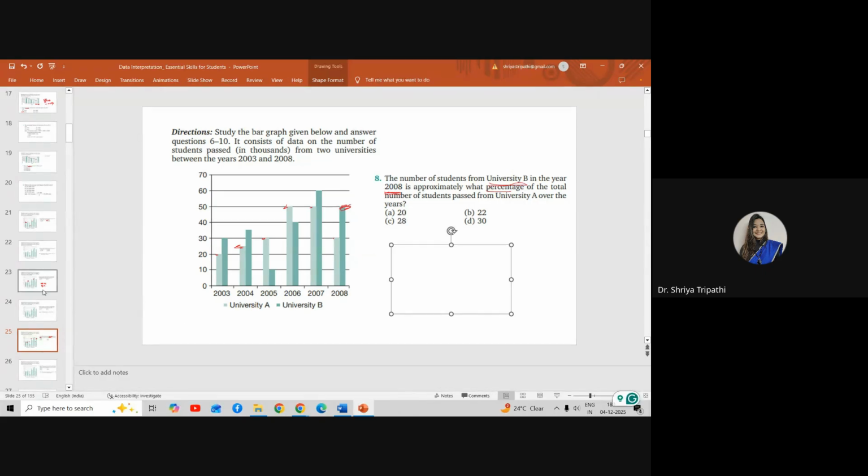The number of students from University B in year 2008 is 50. Divide by the total. What is the percentage of the total number of students passed from University A? The University A, the first is 20 plus 25 plus 30 plus 50 plus 50 plus 30.